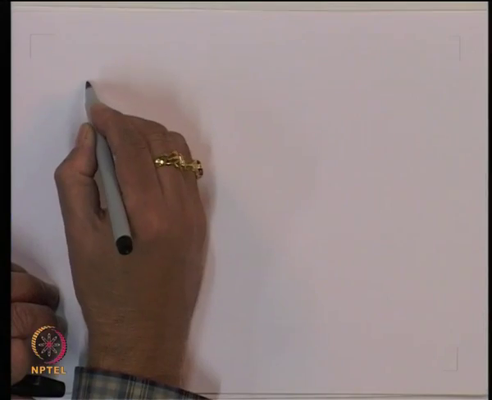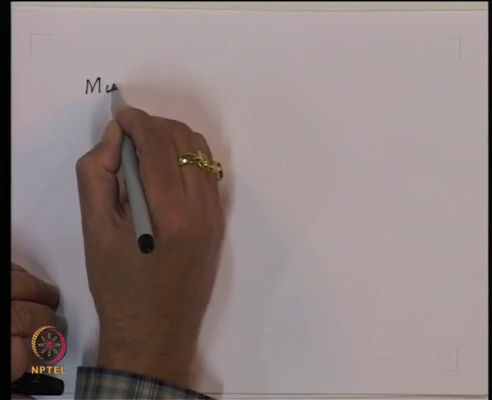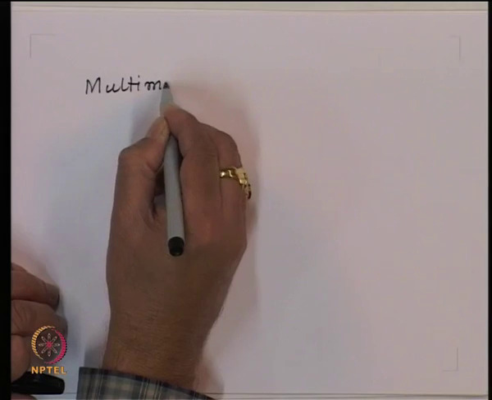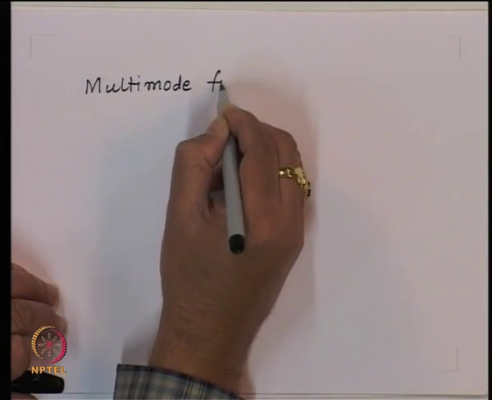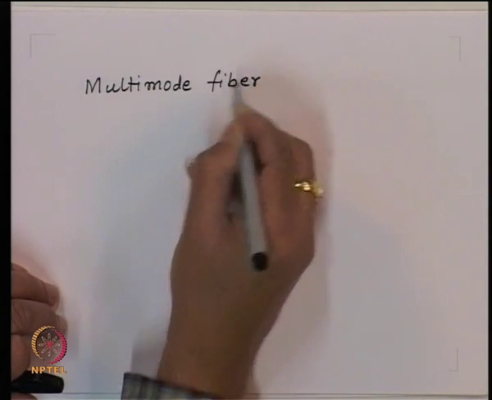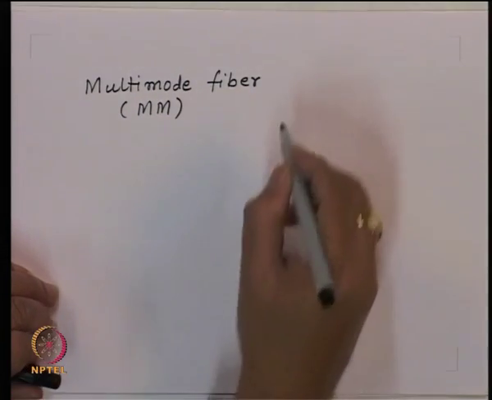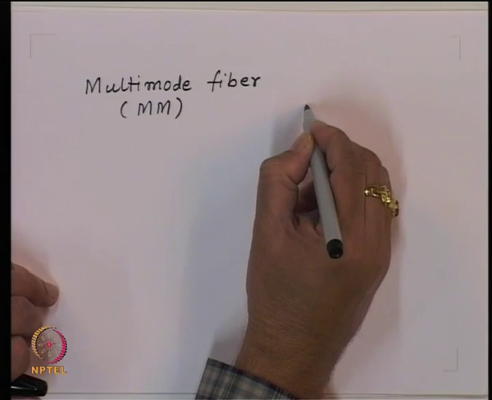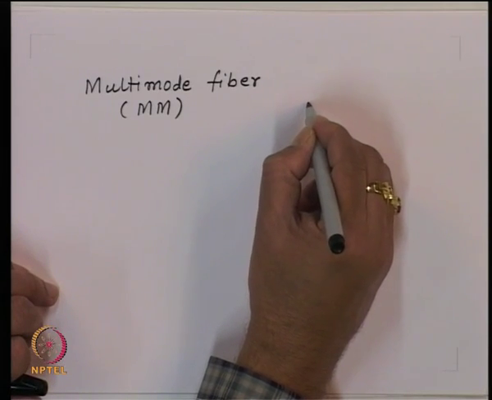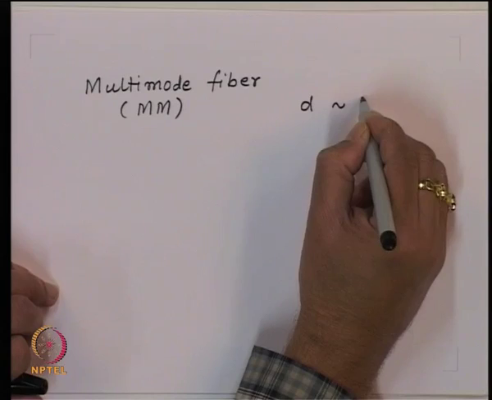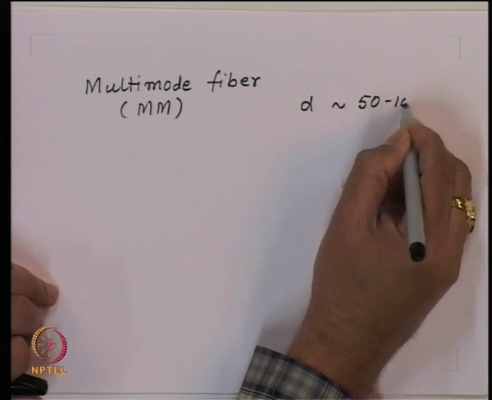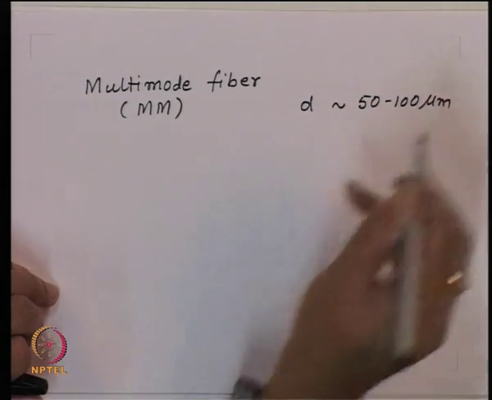Now, just to give you numbers, a typical multimode fiber has a diameter of the order of about 50 to 100 micrometer.